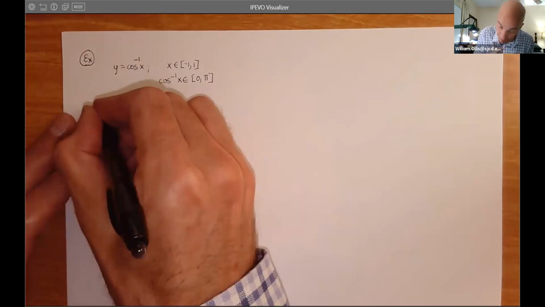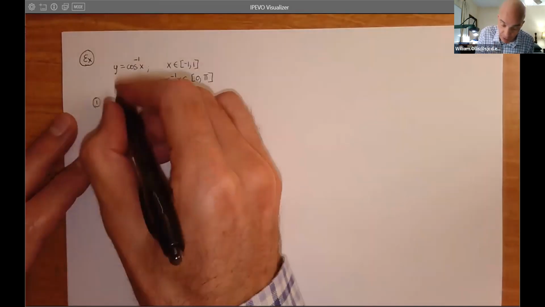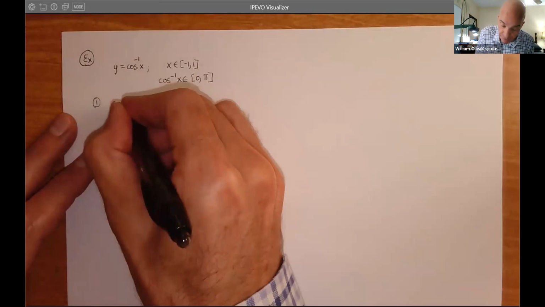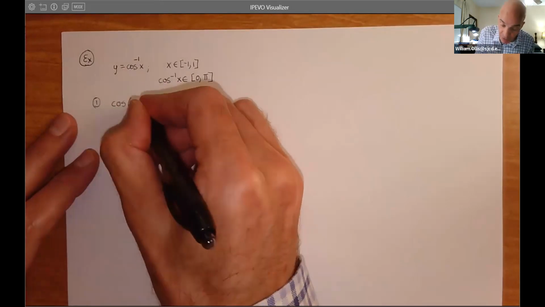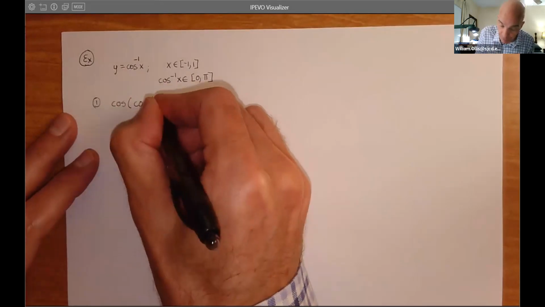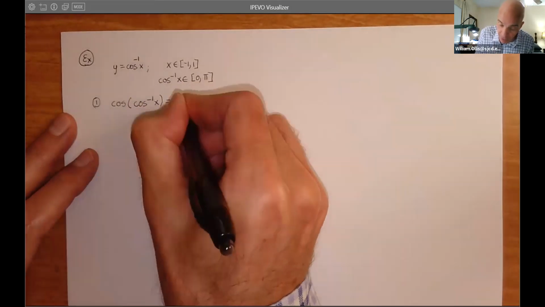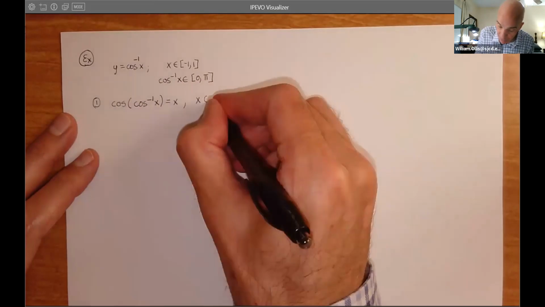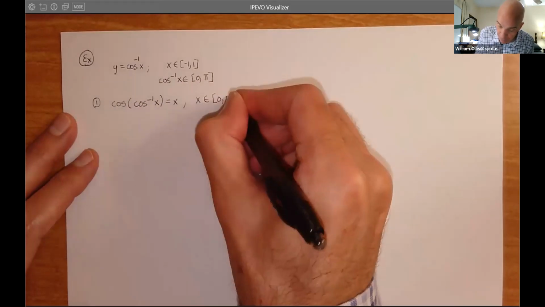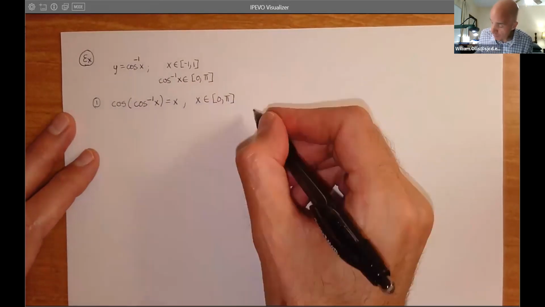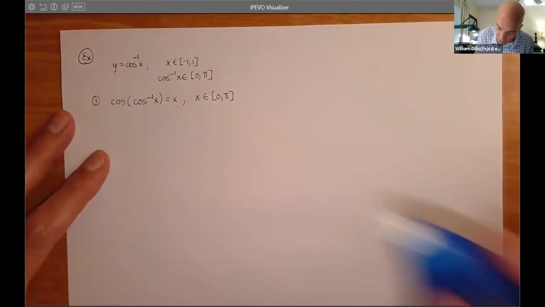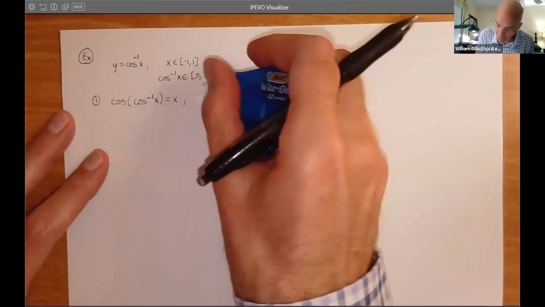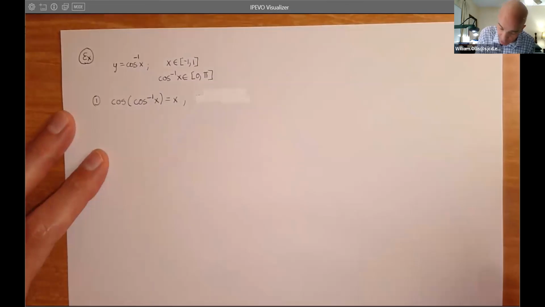Number one, and you'll have to think about this, the cosine of the inverse cosine will be x, as long as we respect the domain. Again, all of this is self-correcting.